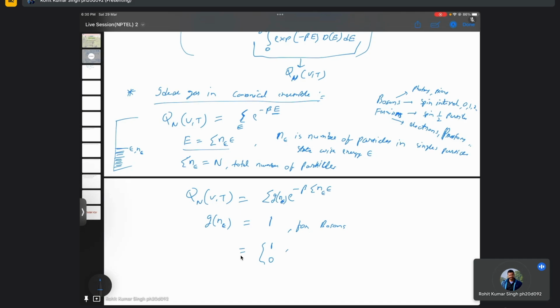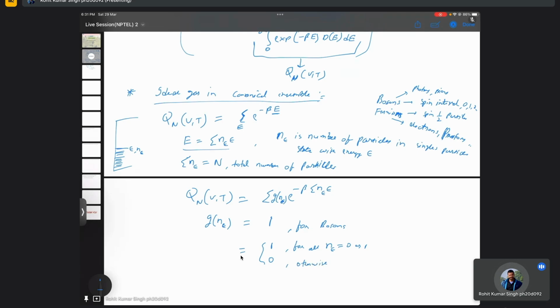for fermions. It will be 1 if for all states the number of particles is either 0 or 1, or it will be 0 otherwise.